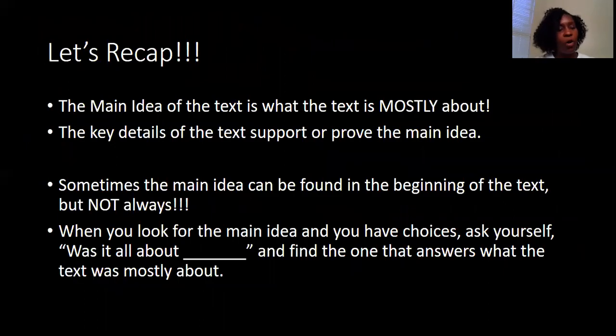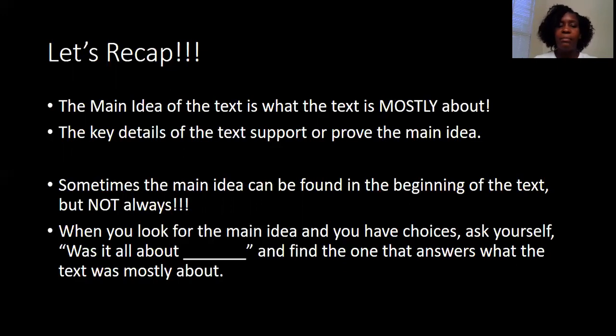All right, so before we end, let's recap a few things that I want you to remember. First, the main idea of the text is what the text is mostly about. Second, the key details of the text support or prove your main idea. So it cannot be a supporting detail if it has nothing to do with what your main idea is about, okay?